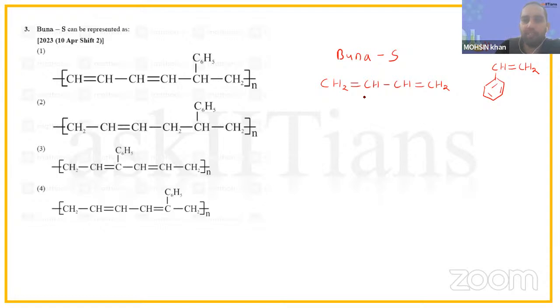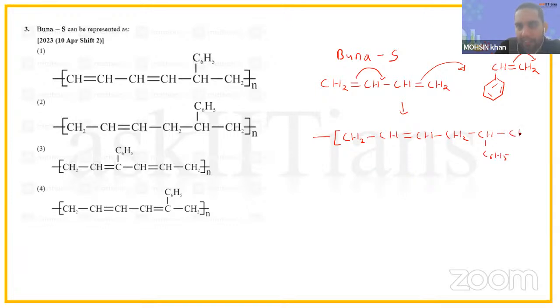Now, when we polymerize it, this bond will move here, and here we will have a bond formation between CH2 and CH. So the structure will be like this: CH2-CH=CH-CH2-CH(C6H5)-CH2, with n.